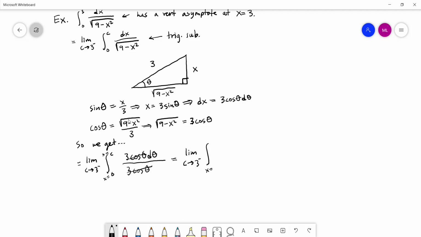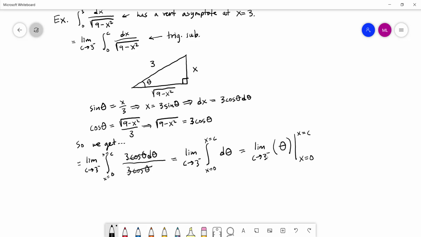But I'm just integrating d theta, and when we integrate d theta, we will get theta. So again, it's the limit as c goes to 3 from the negative side of theta, evaluated between x equals c and x equals 0.